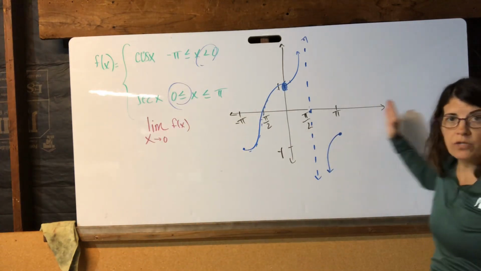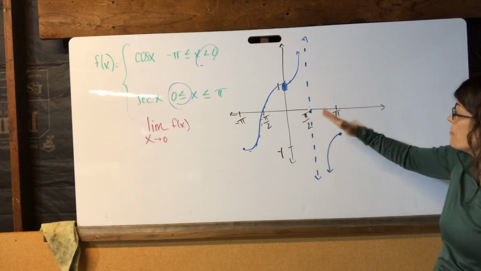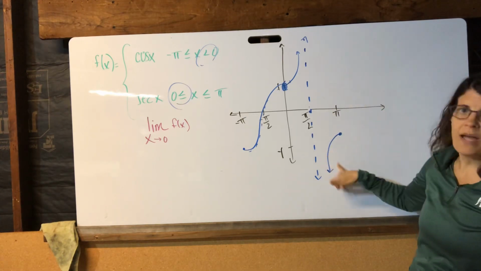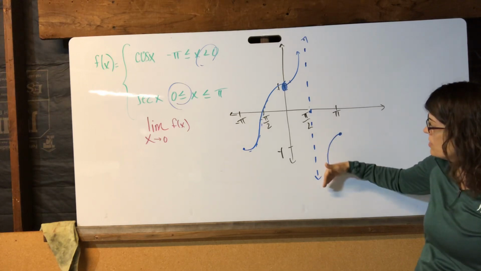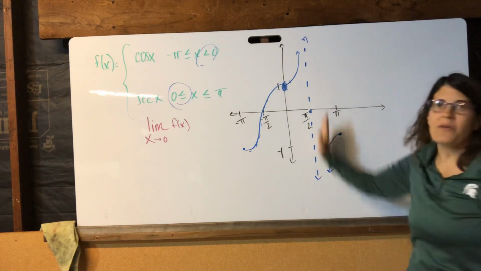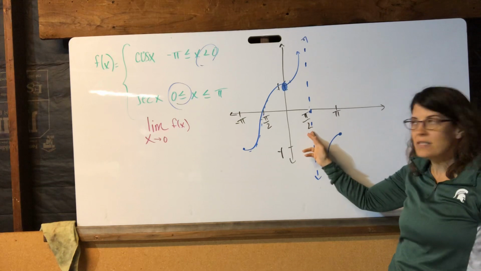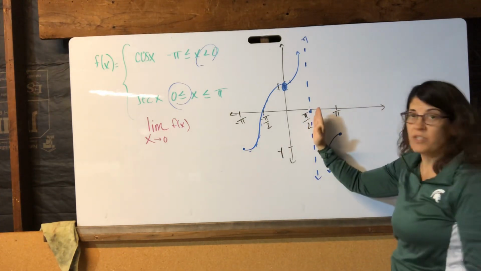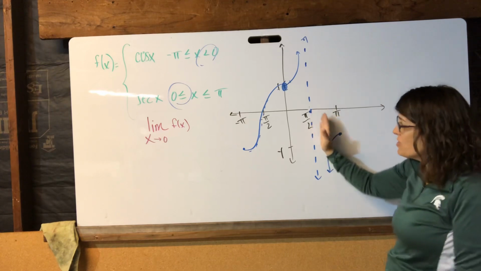Now as I approach from the right, I'm hitting my curve right here, and I'm going down. But then I have this asymptote. Pi over 2, though, is not 0. I'm asking you what happens when x approaches 0. As x approaches pi over 2, that's one thing, but pi over 2 is not 0.